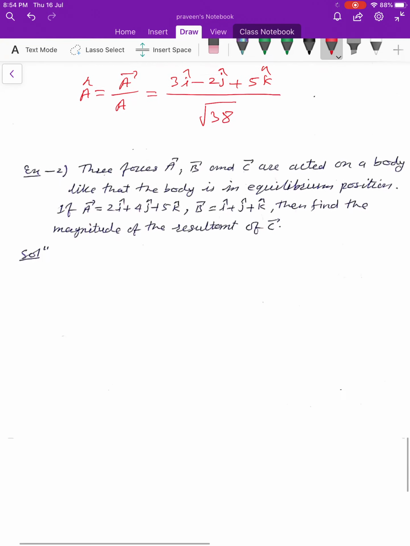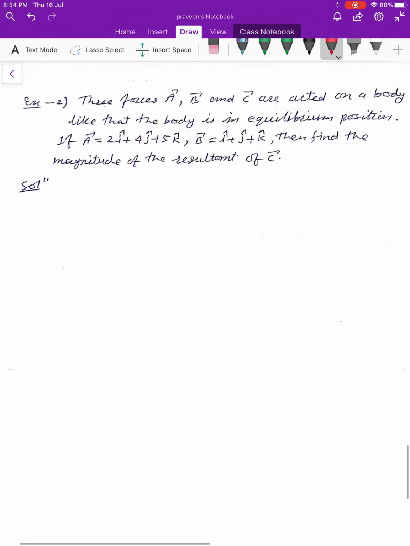Clear? Next, example 2. 3 forces, vector A, vector B and vector C, act on a body such that the body is in equilibrium position.